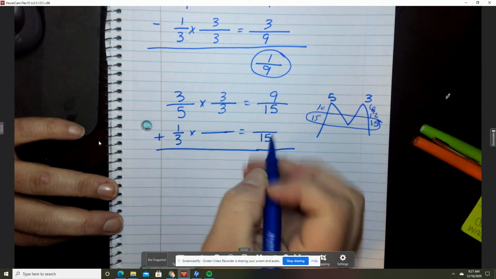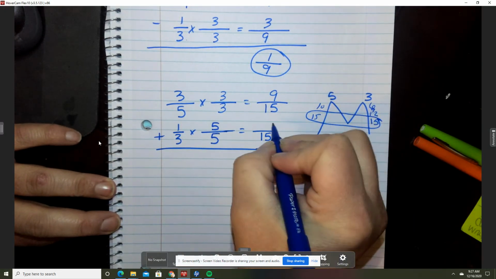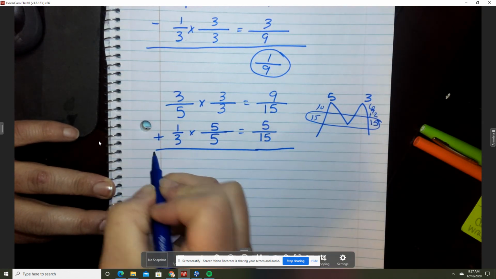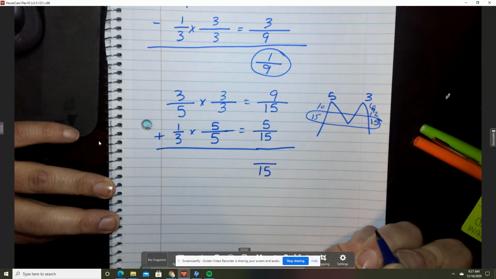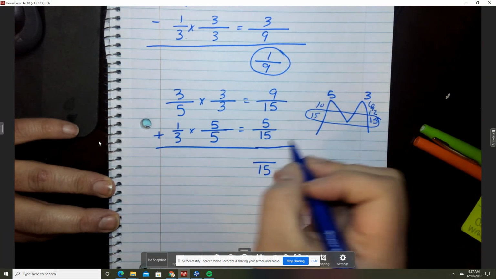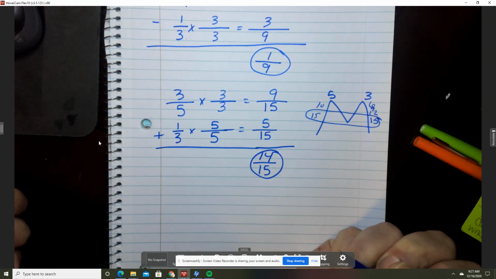What did I do to 3 to get to 15? You multiplied it by 5. So what you do to the bottom, you got to do to the top. And 1 times 5 is 5. This is adding. So I'm going to add these. Got my denominator all ready to go because I know it's 15. And then I just have to add 9 plus 5, which is 14. And I'm ready to go.